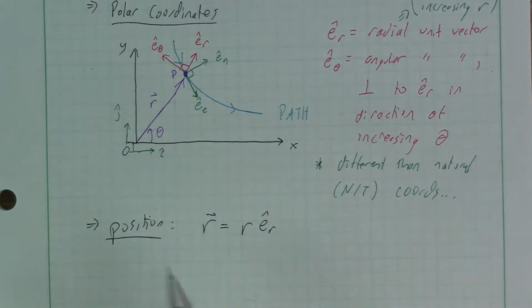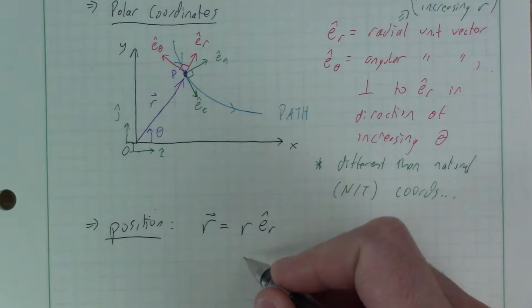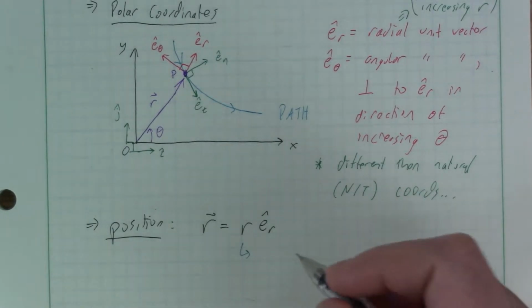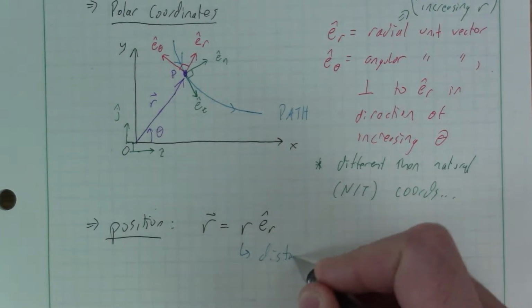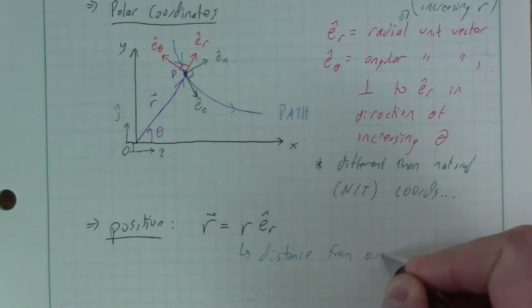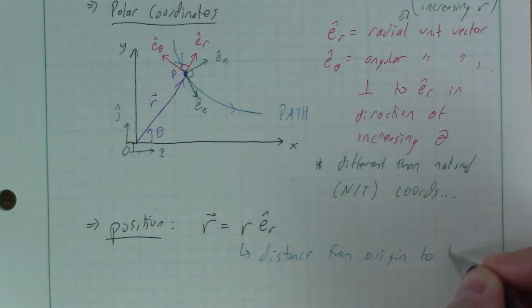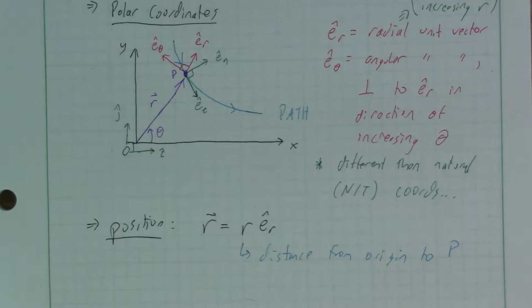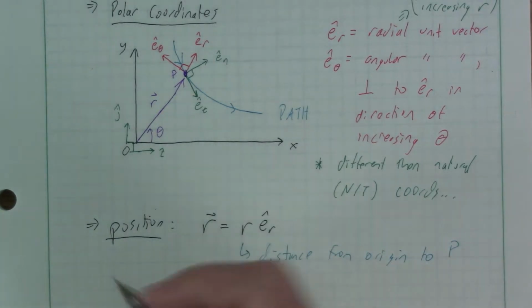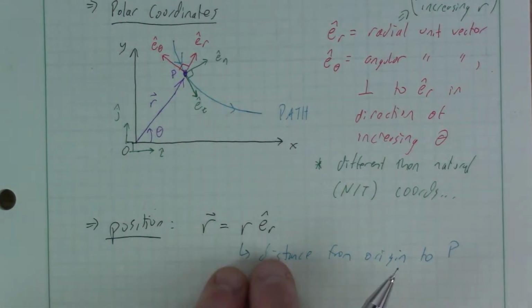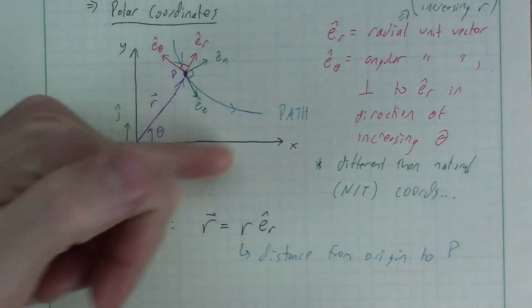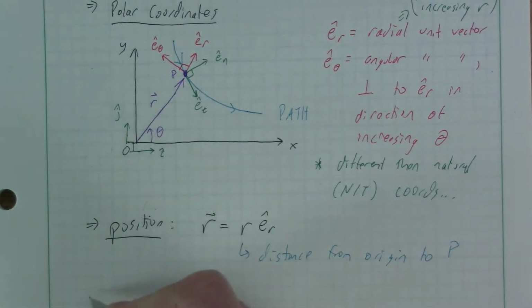Now in polar coordinates, it's the position vector that's trivial. It's just the distance from the origin to point P, and that gives you the magnitude of the position vector, and then e hat r is the direction, which really incorporates what our theta is here.